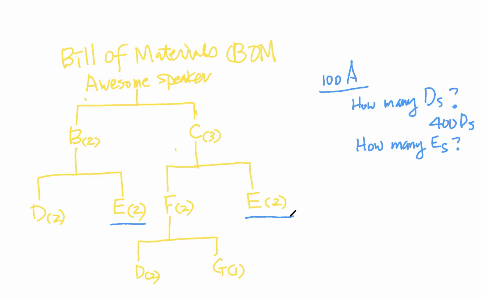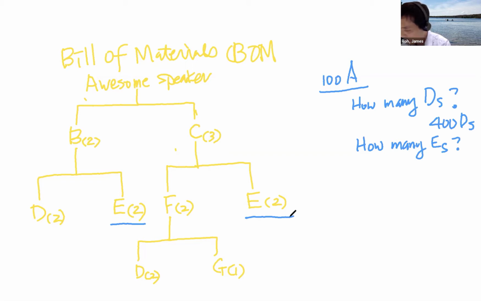I thought it was like there's 2 B's, so you do 2 times 2 to get the first 400 on the left side. Then on the right side, there's 2 E's to 3 C's. So 2 times 3 times 100 for that side. Very good.